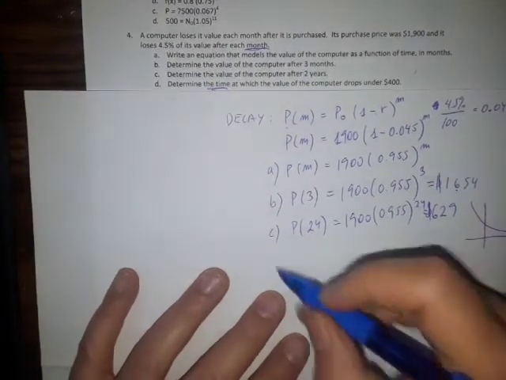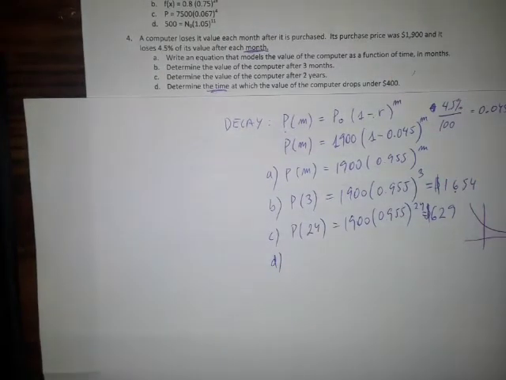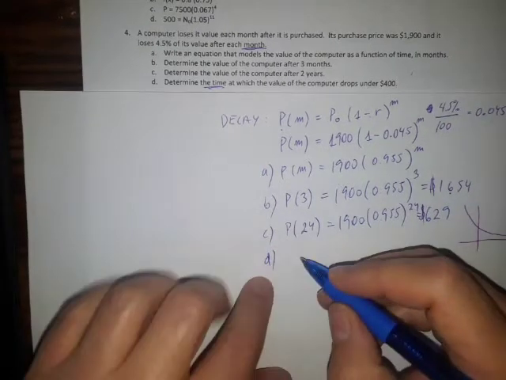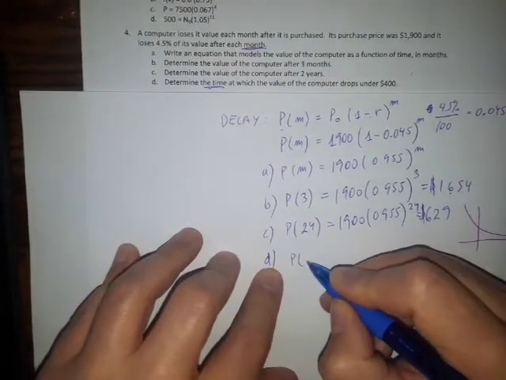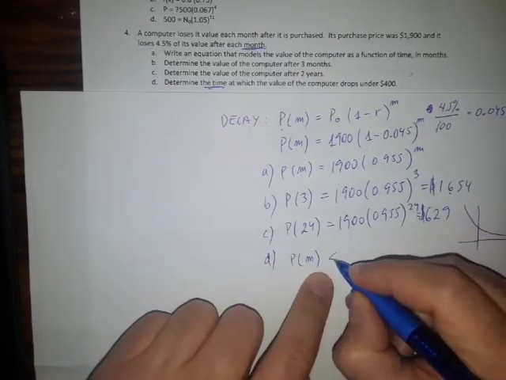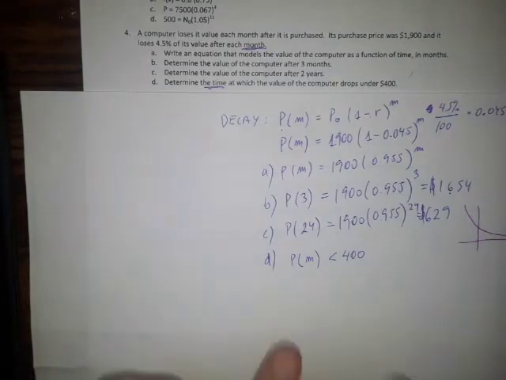And then D is the more interesting one, because they're asking, this is actually an inequality, determine the time at which the value of the computer drops under 400, right? So now we want to know the price, it's going to be now less than 400, right? So what's the price now?